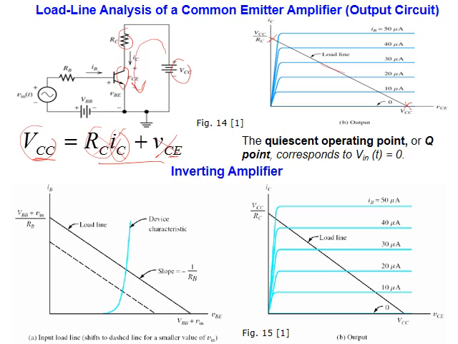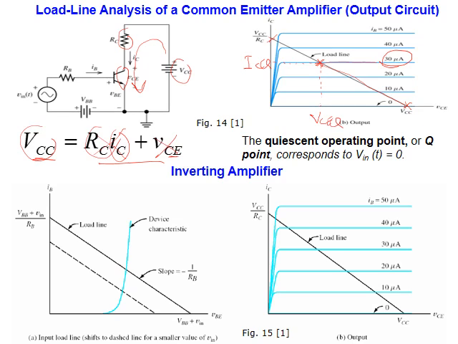Then I make a line. Now from the previous circuit's input characteristics, let's assume I got the current IBQ equal 30 micro. Then this is the line I'm looking for, and this is the point of intersection. Now if I go down, I will find VCEQ, the operating point, and here ICQ, the current operating point. You see?